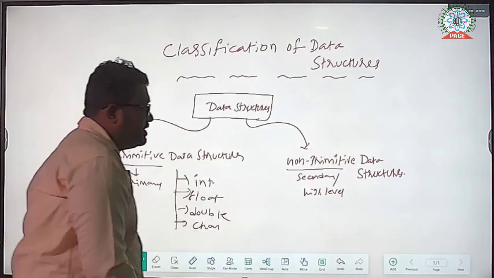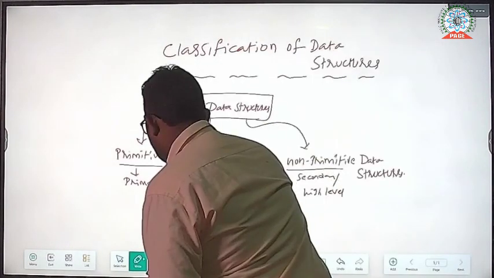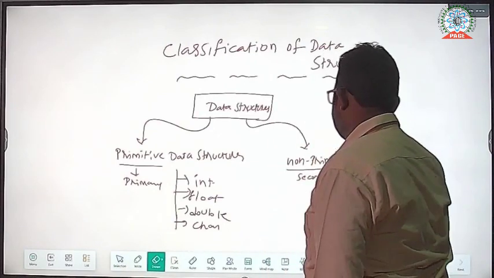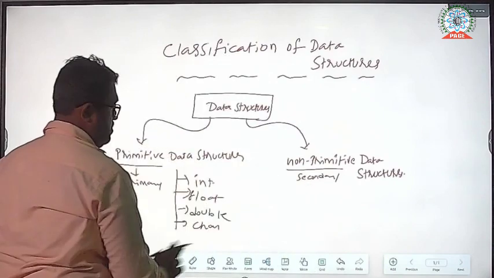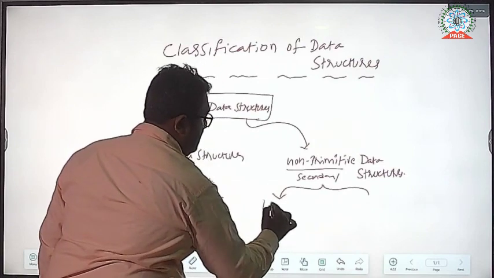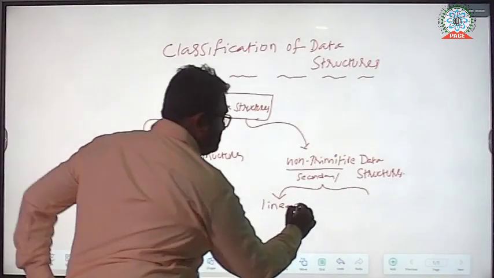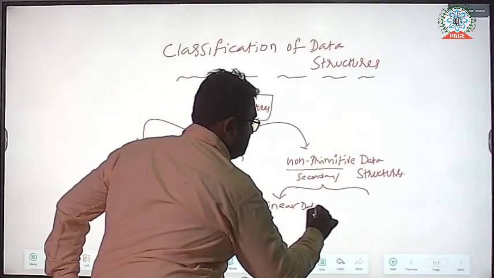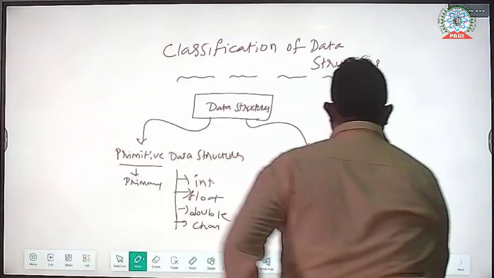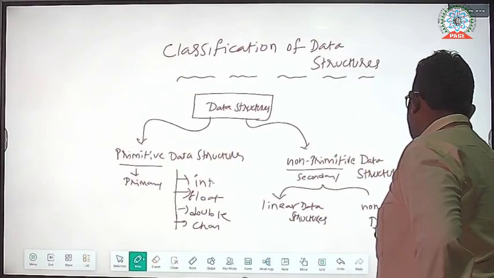These non-primitive data structures are again classified into two types: one is linear data structures, and the other is non-linear data structures.